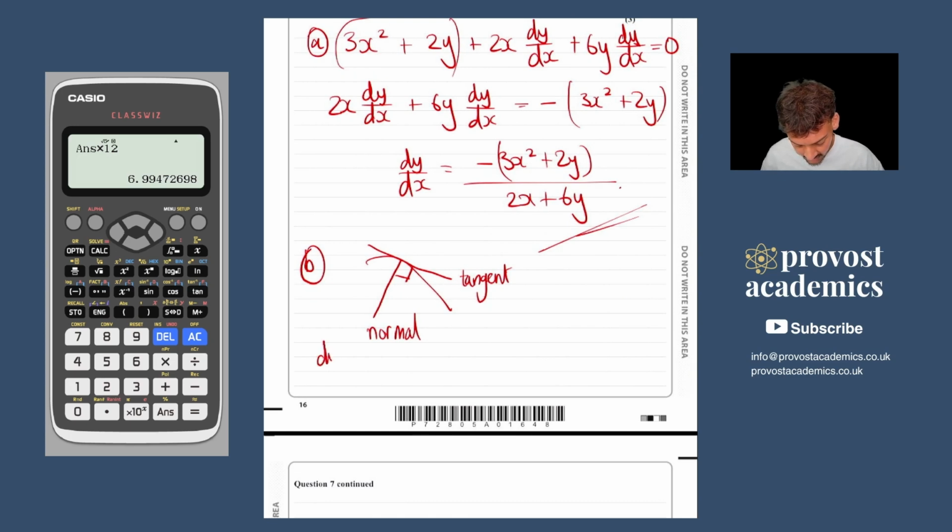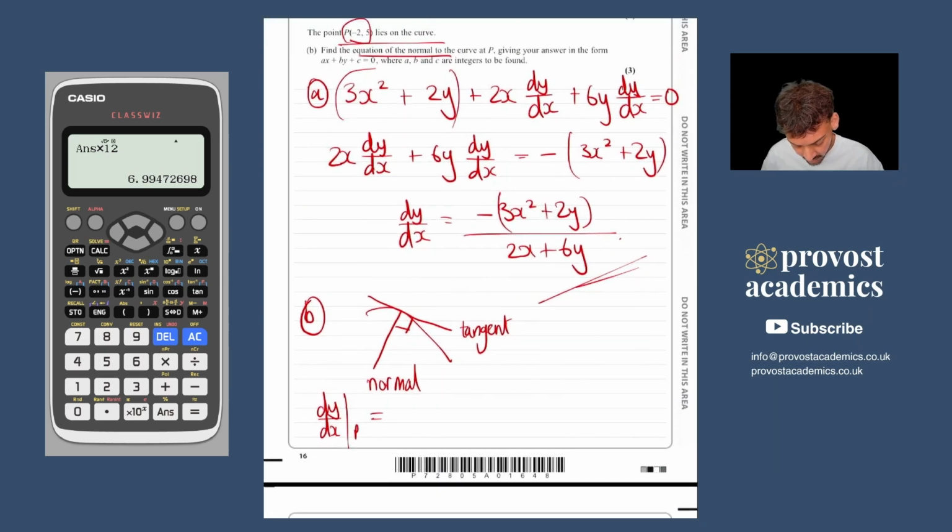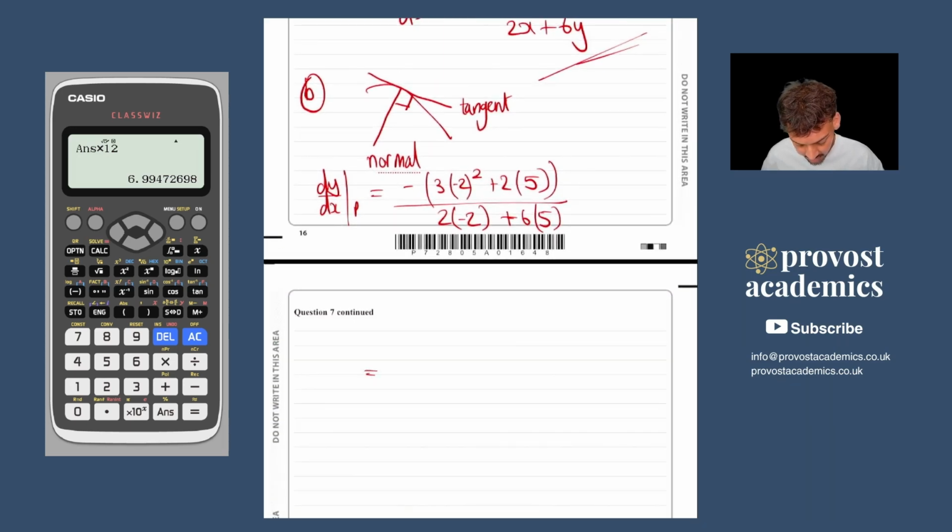So dy/dx at P is going to be, what's the point? Minus 2 and 5. Okay, so minus (2 squared plus 2 times 5) over 2 times minus 2 plus 6 times 5. I think this would take me forever to type into my calculator, so I'll try to do this without a calculator.